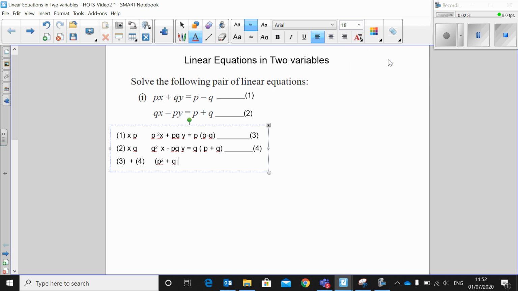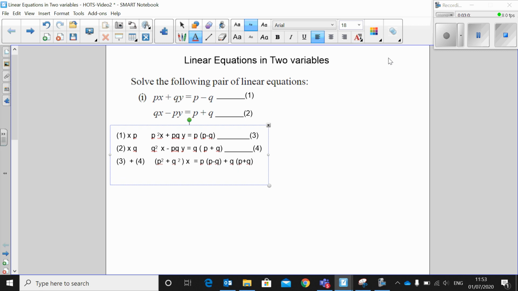The plus pqy and minus pqy will get cancelled, which is equal to, now since we are adding the equations, p times p minus q plus q times p plus q.